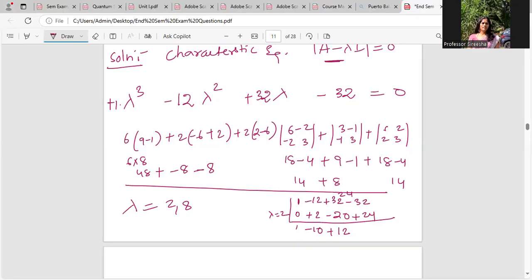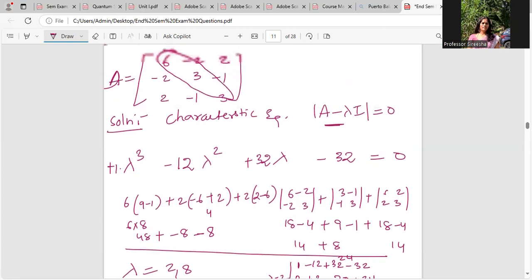I think I made a mistake here in finding the determinant. 9 minus 1 is 8, 48 this is. And this is minus 6 plus 2 is minus 4, 2 fours is 8. Here also, it is 2 minus 6, so 2 fours is again 8. 40 minus 8 is 32.